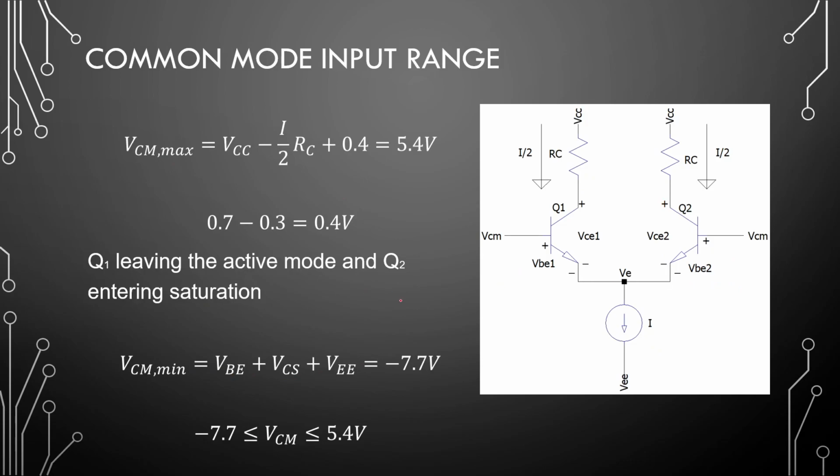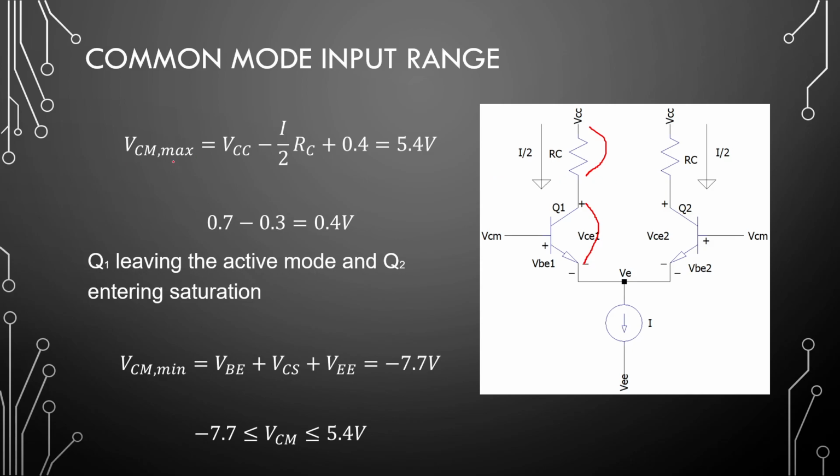Our common mode input range, so our maximum is our VCC subtract our voltage drop across the collector resistor plus a 0.4 volt right here. Now that is when our transistor are leaving the active region and entering saturation, and that is at roughly 0.4 volts.